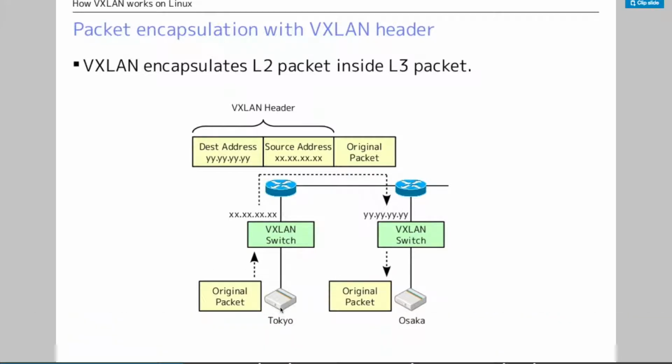So for example, if a container or a virtual machine sends a packet from Tokyo data center to Osaka data center, how does it know the destination IP address or container or virtual machine is in Osaka? So this is the encapsulation in L3.